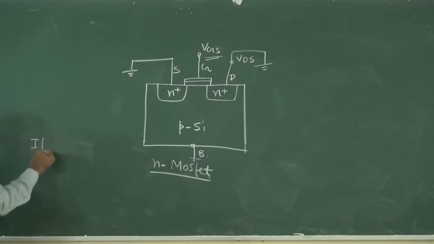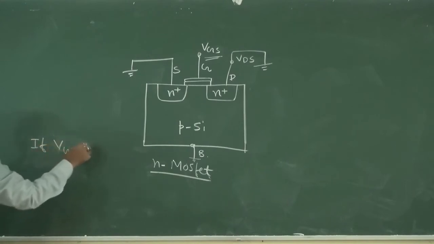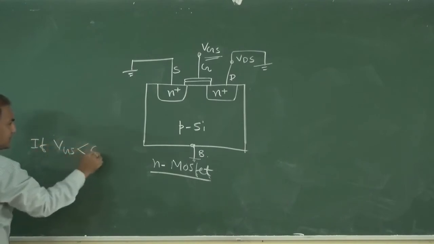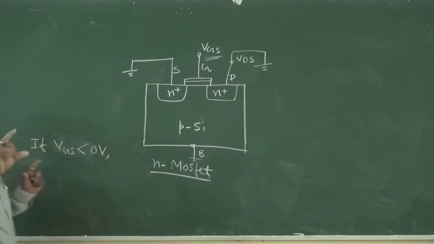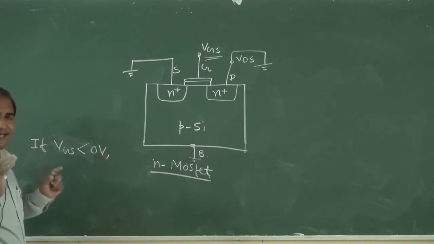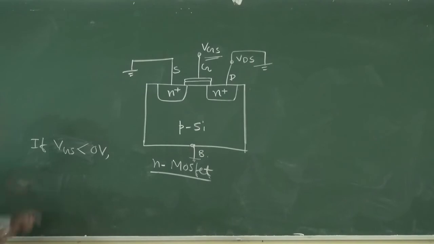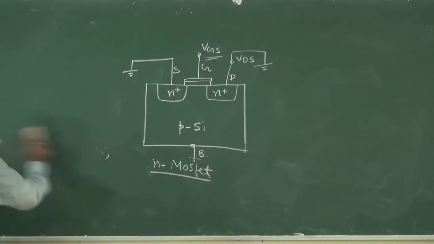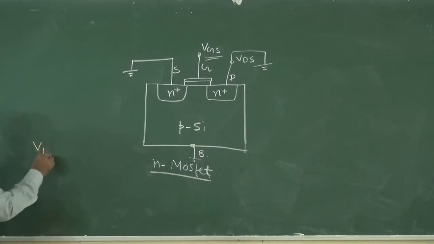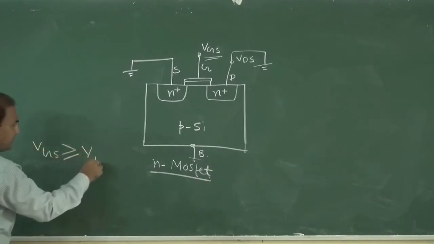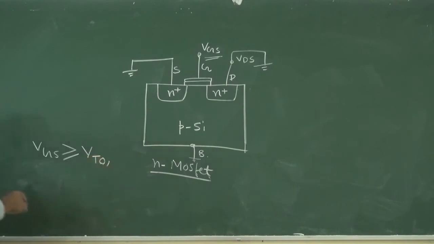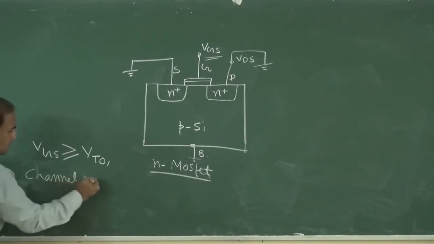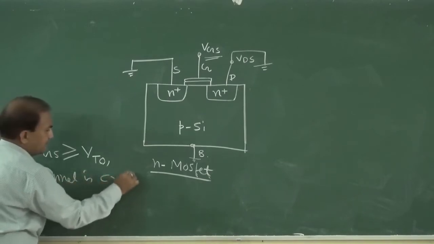See, if VGS is less than 0 volt, then no channel is created, so ID is equal to 0. Then if VGS is greater than or equal to VT naught, only then the channel is created.